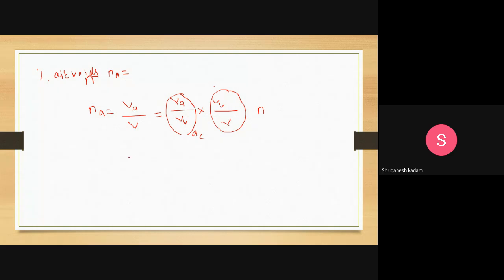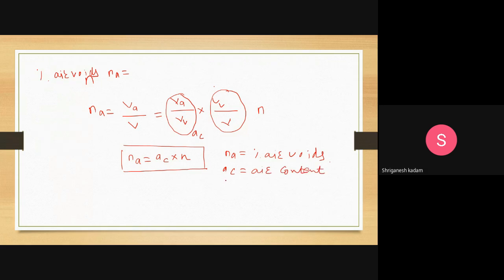So there is one relation between percent air void, air content, and porosity. So Na equal to AC, that is air content, into n. n means here porosity. Na is percent air voids, AC is air content, and n is nothing but porosity.